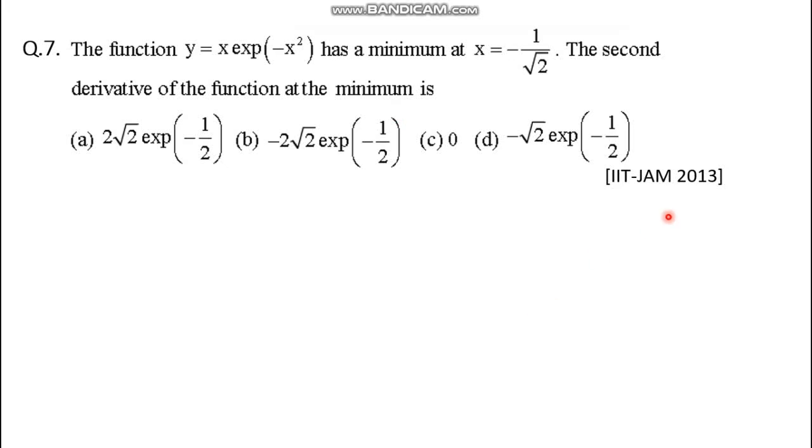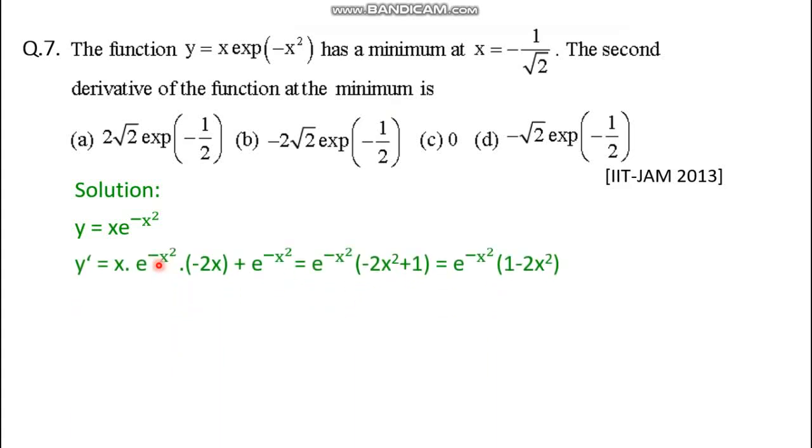It came in IIT-JAM in 2013, and the solution is: y equals x into e to the power minus x squared, isn't it? Then the single differentiation is e to the power minus x squared into (1 minus twice x squared). And the double differentiation is this one, just the differentiation of this.